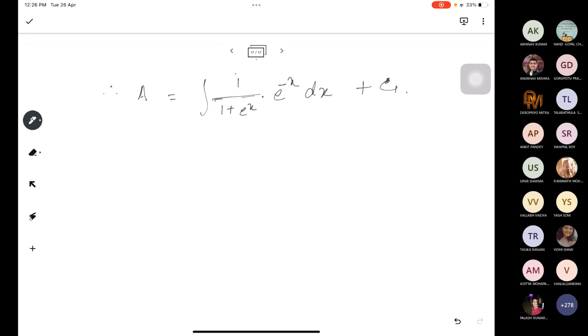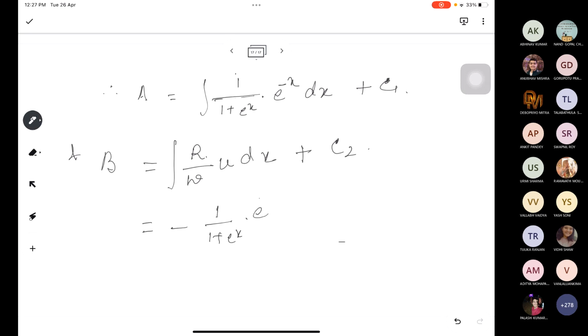And our b will be equal to the integration of u R by W. Here you will have a minus sign, 2 by 1 plus e to the power of x, and W is minus 2, and e to the power of x.